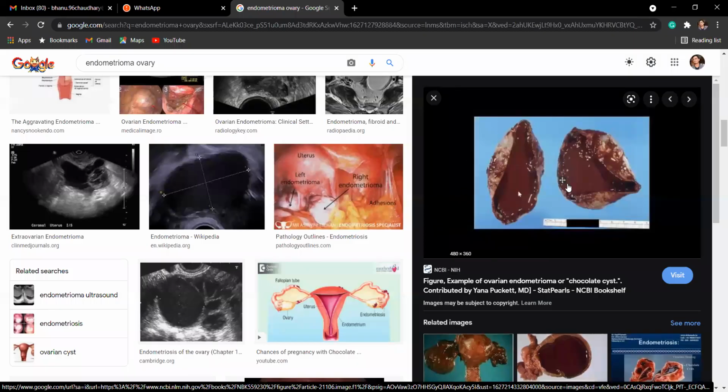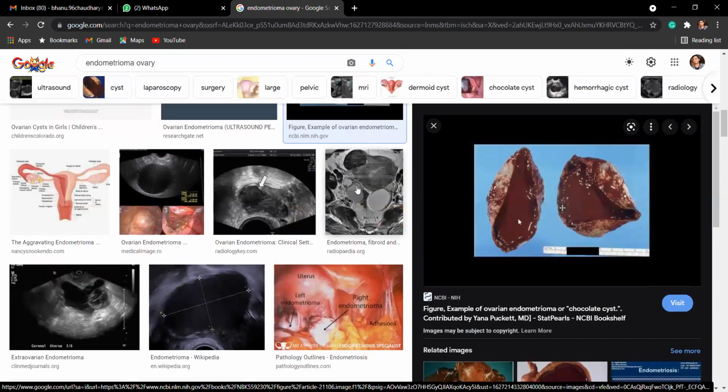Yeah, this kind of a thing you will see on the ovaries, right? As you can see, these are filled with the blood, right? Which is chocolate colored, literally chocolate colored, right? Yes. Okay, that is the condition you will see.